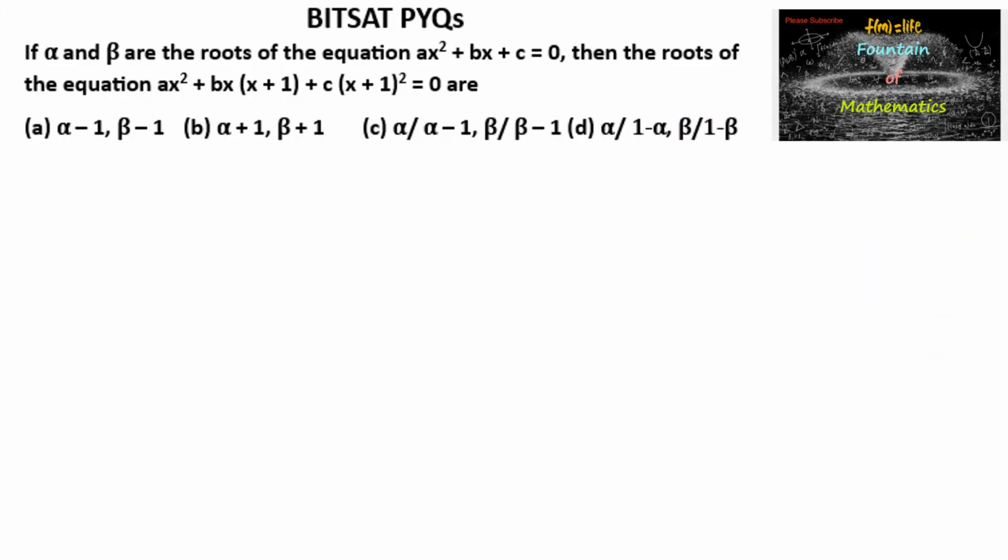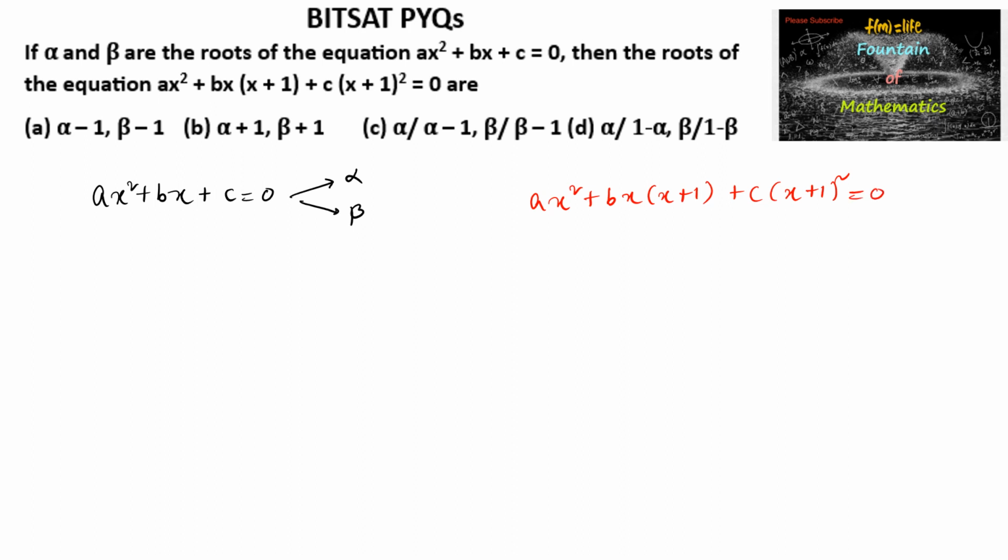Given alpha and beta are the roots of the equation ax square plus bx plus c is equal to 0. Here the roots are alpha and beta. And now the equation a x plus b into (x plus 1) plus c times (x plus 1) whole square is equal to 0.